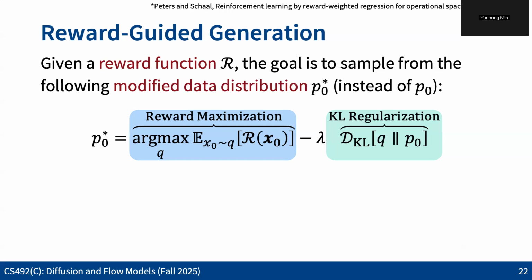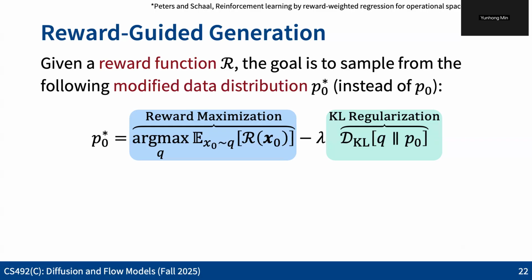So given this trade-off, we are finding a new data distribution, a sweet spot, with some kind of weight here. It's a matter of how much we maximize the reward with samples from the new data distribution, while not deviating too much from the original data distribution. That is how we define the distribution.